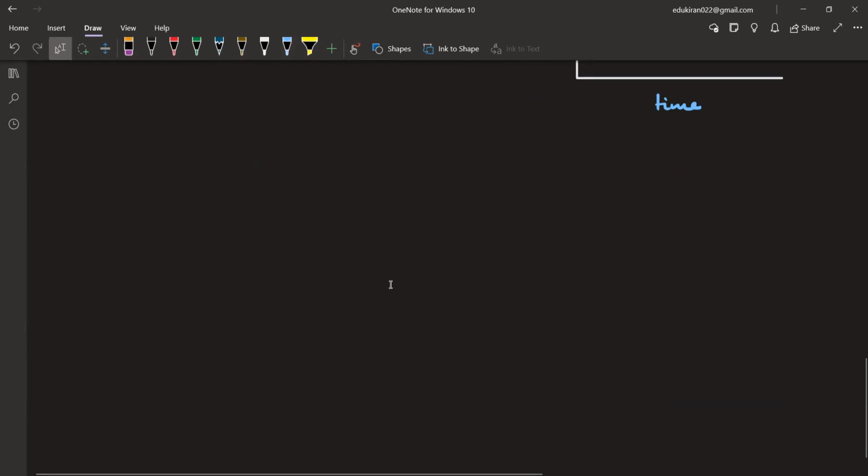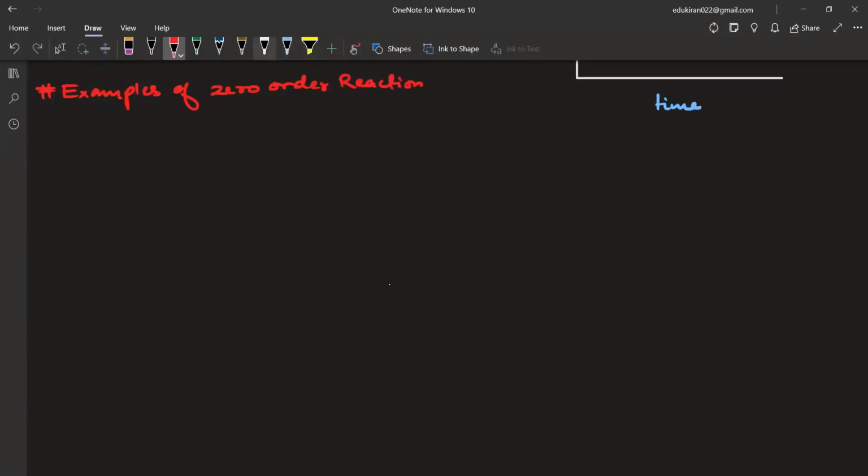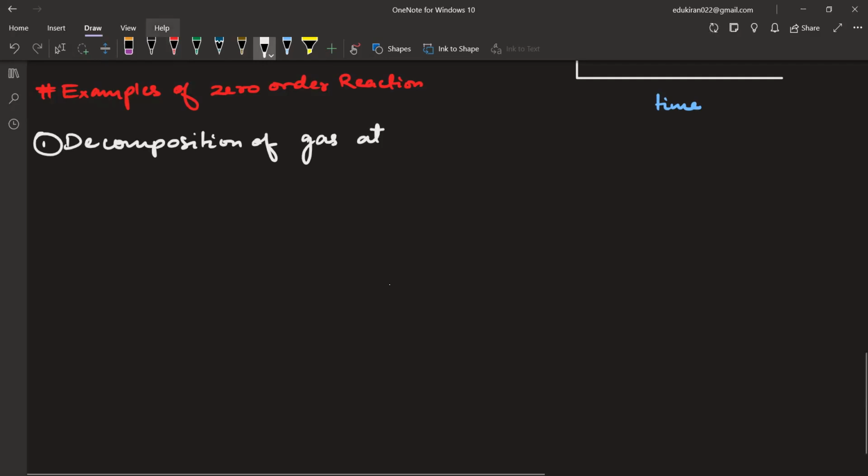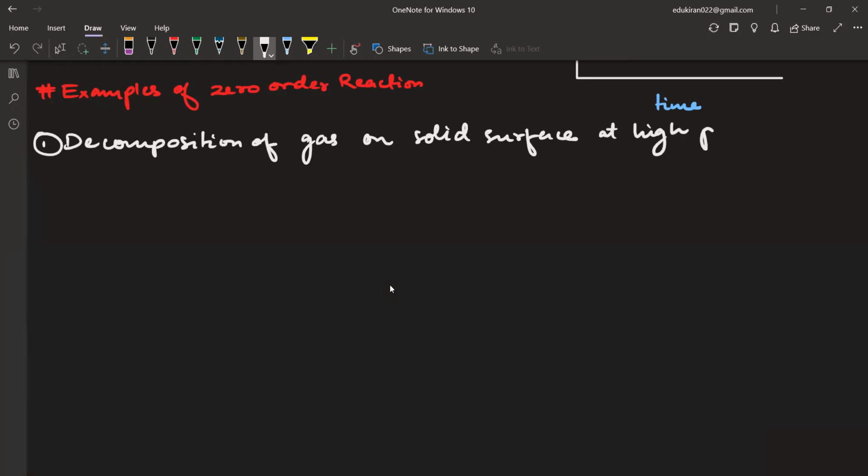Right, next, some examples of zero order reactions. Number 1: decomposition of gas on solid surface at high pressure.